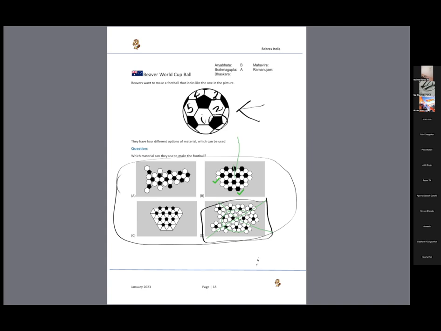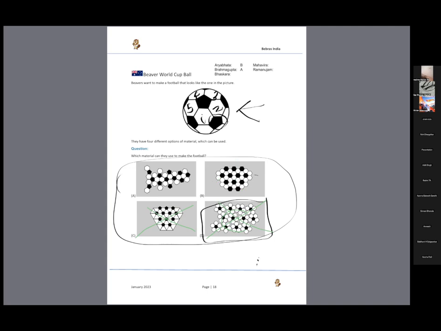Then let's go to option C. The black spots, which are the pentagons, are correct, but the white spots are triangles and not hexagons. So this cannot be the answer as well. Now we can check option B. We see that the black spots are not pentagons, they are hexagons, which is still different from the main ball.